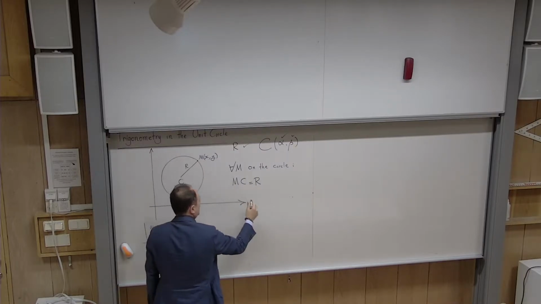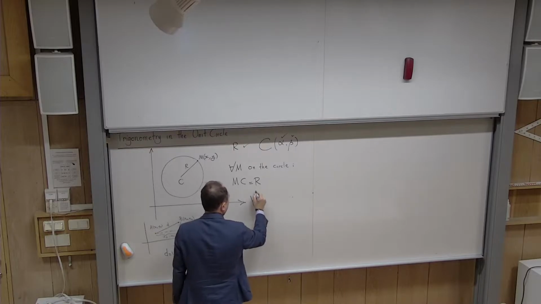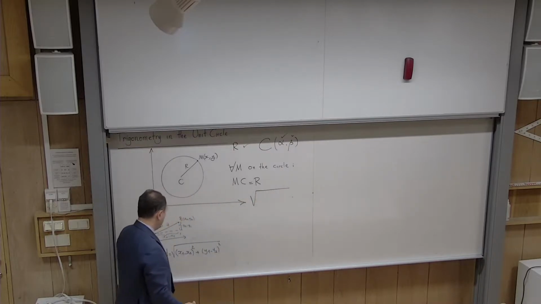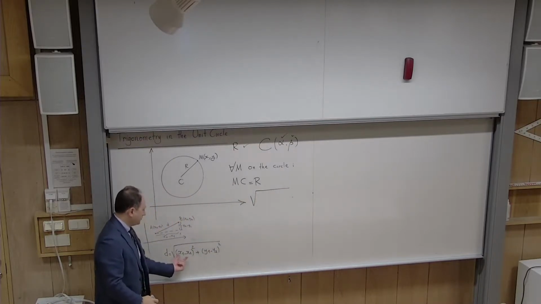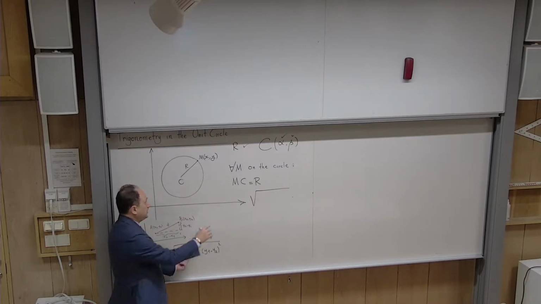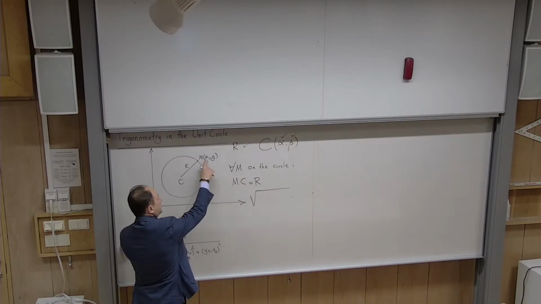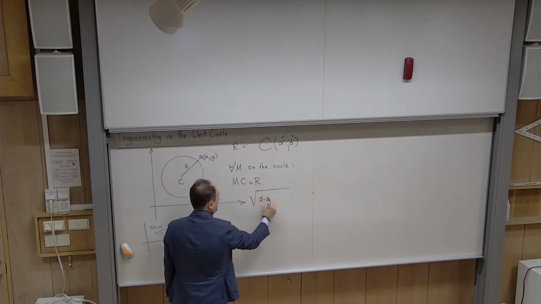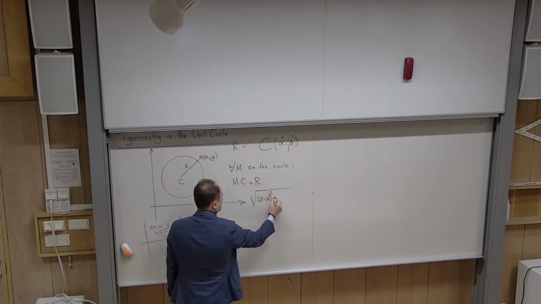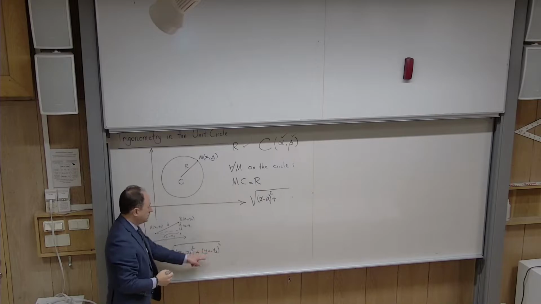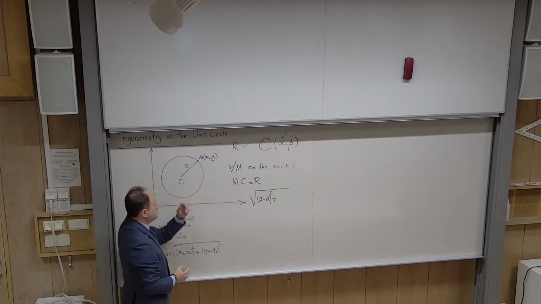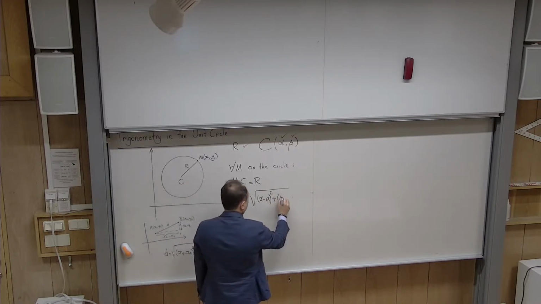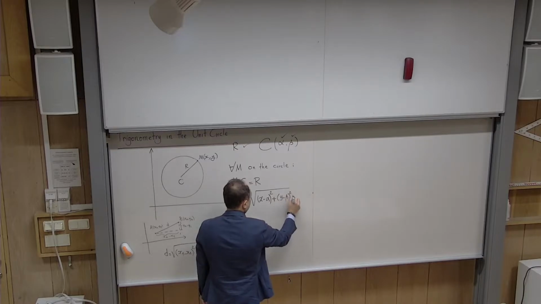So what can I write for the distance? According to the formula, this is a big square root. I have to put the difference between the x coordinates here. The x coordinate of M is x. The x coordinate of C is alpha. The difference between them becomes x minus alpha, squared, plus the difference between y coordinates squared, so this means y minus beta squared, is equal to r.